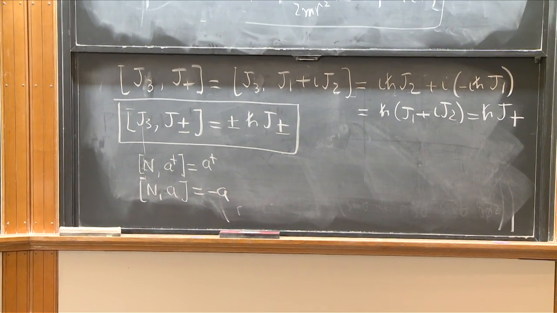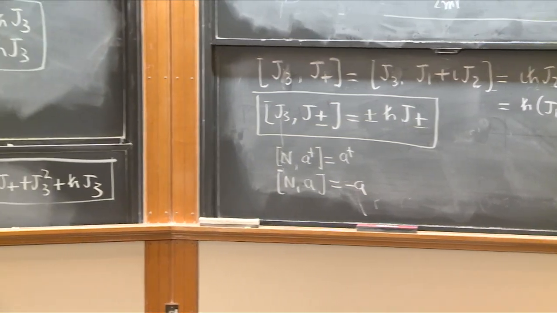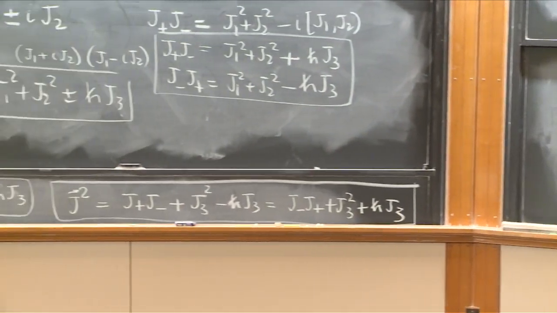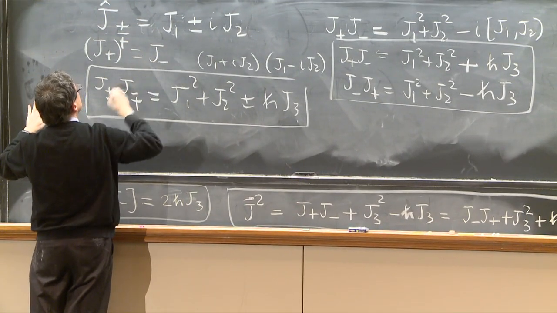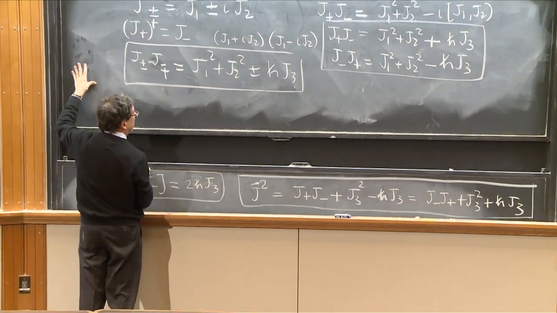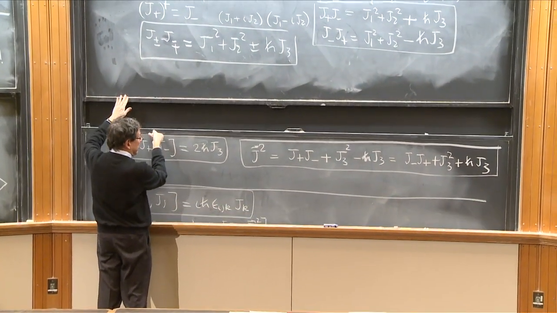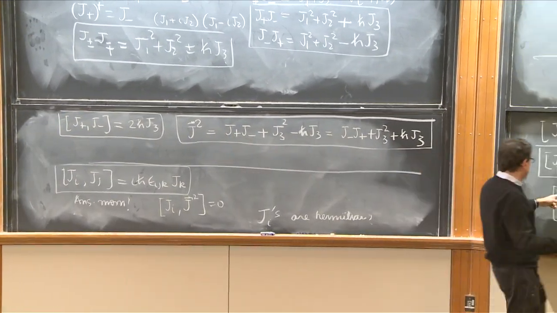Because I maybe didn't say it here, and I should have, the dagger of J plus is J minus, because the operators are Hermitian. So J plus and J minus are daggers of each other, adjoints of each other. And here you see a very analogous situation.